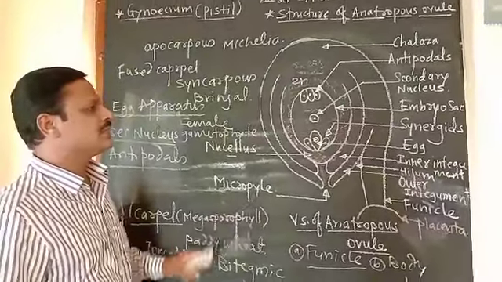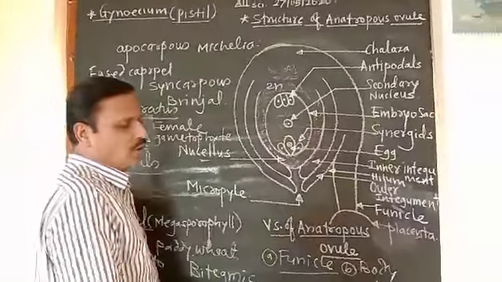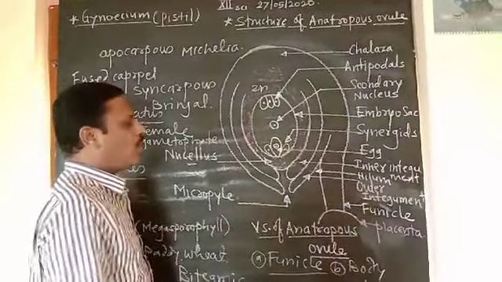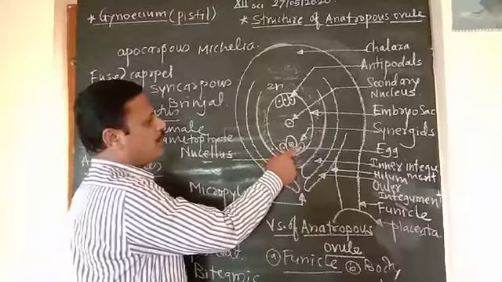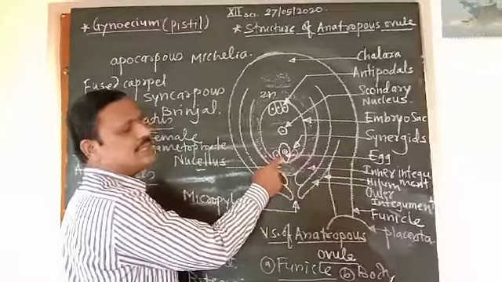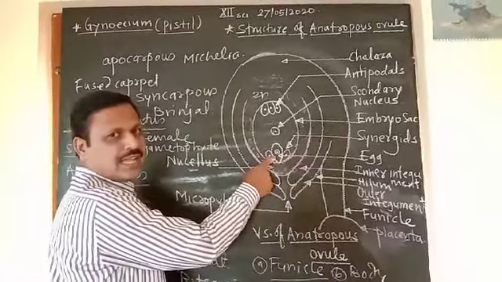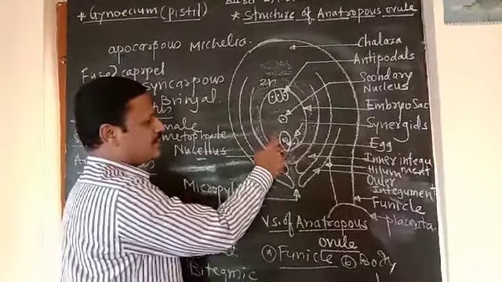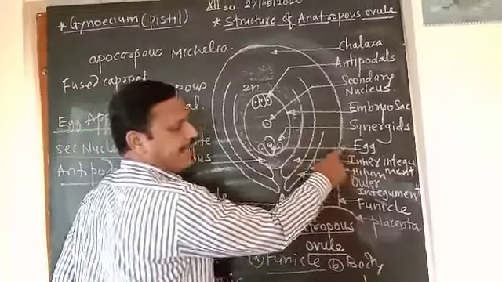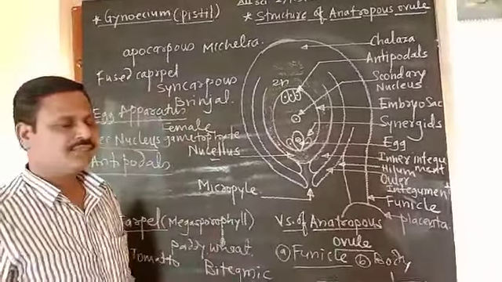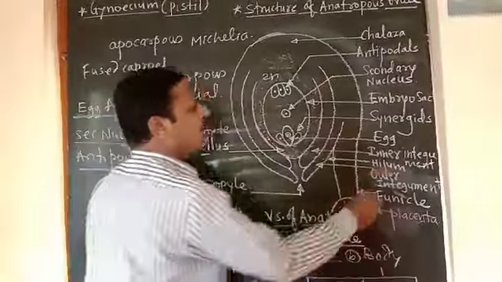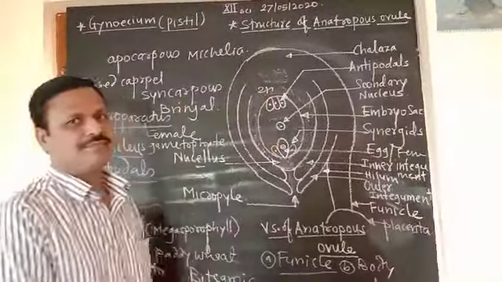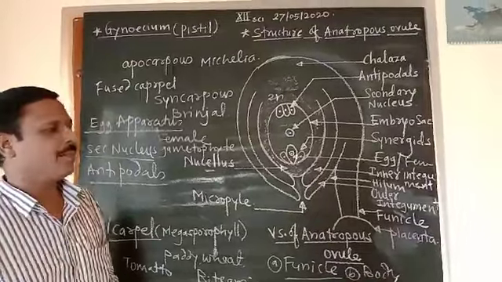Egg apparatus is made up of a group of three haploid cells, in which the central, larger cell is called the egg cell, or female gamete.